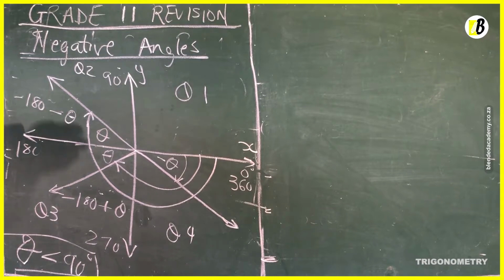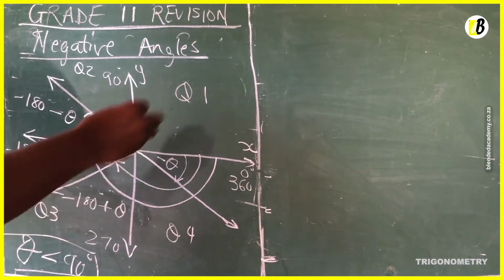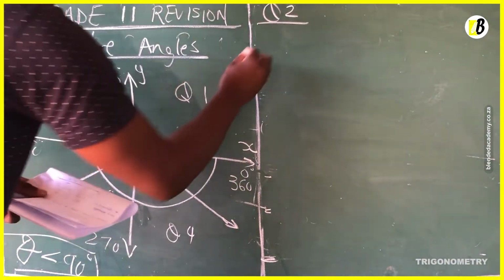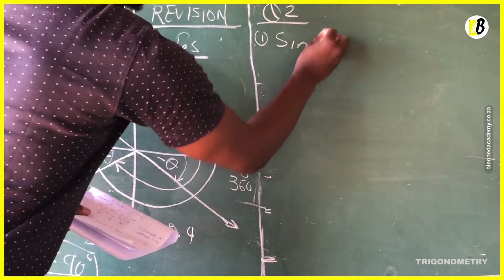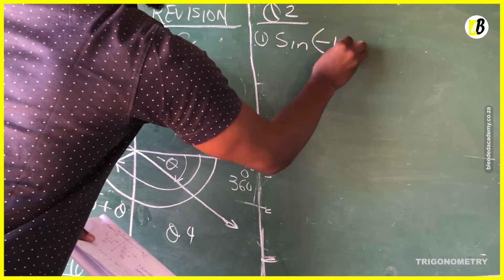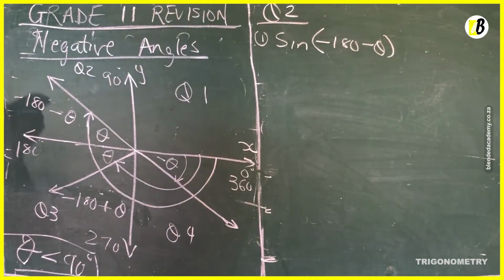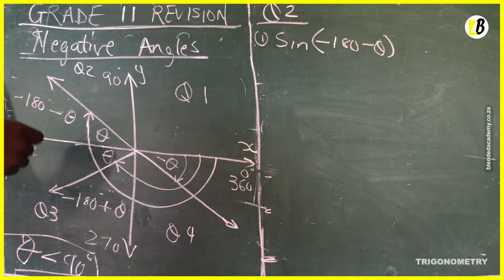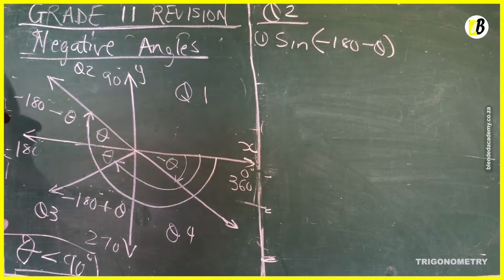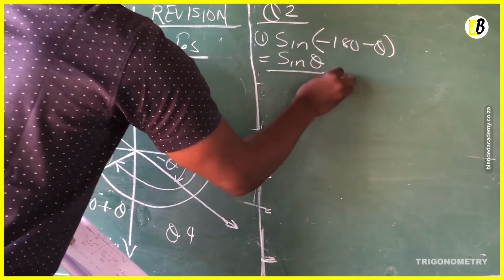Let's try to put this into practice. For quadrant 2, let's start off with sine of 180 degrees minus 180 degrees minus theta. That's in the second quadrant. So in this quadrant, you know that the only function that's positive is sine. So this is gonna give us sine theta. That's how we're gonna simplify this one.